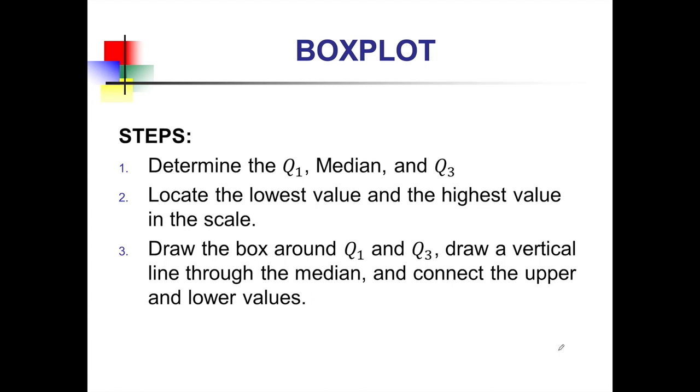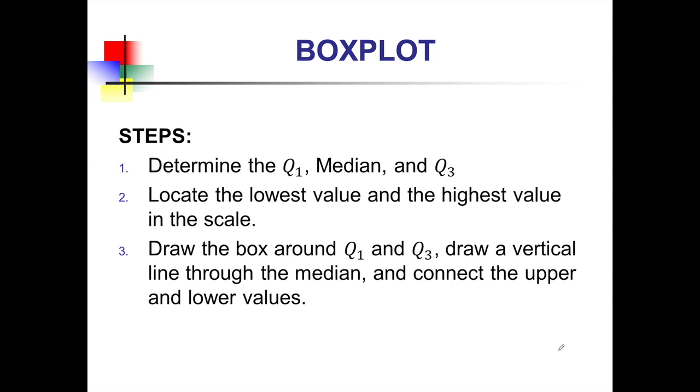Now, for the steps in making our box plot, the first step is to determine Q1, the median, and Q3. This is the reason, guys, why the topics on quartiles, deciles, and percentiles are discussed before the box plot. Second step is to locate the lowest value and the highest value on the scale for our range, and also for the whiskers of the box plot.